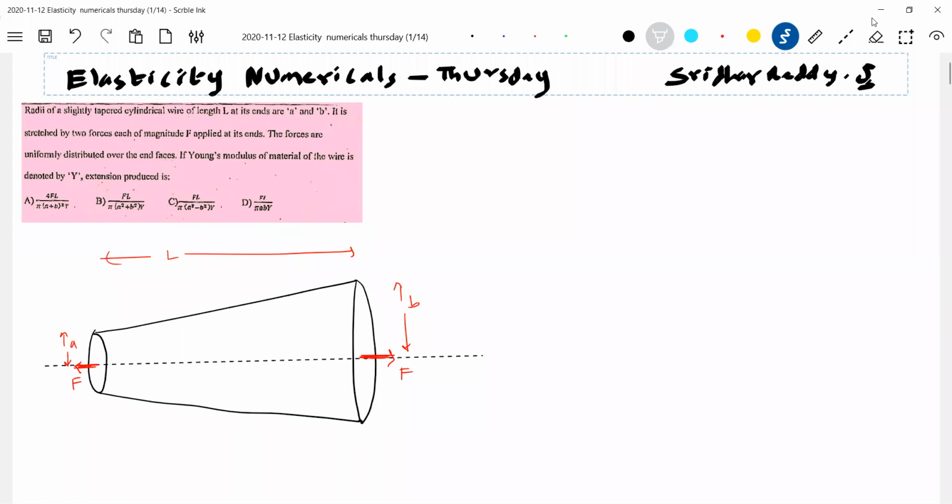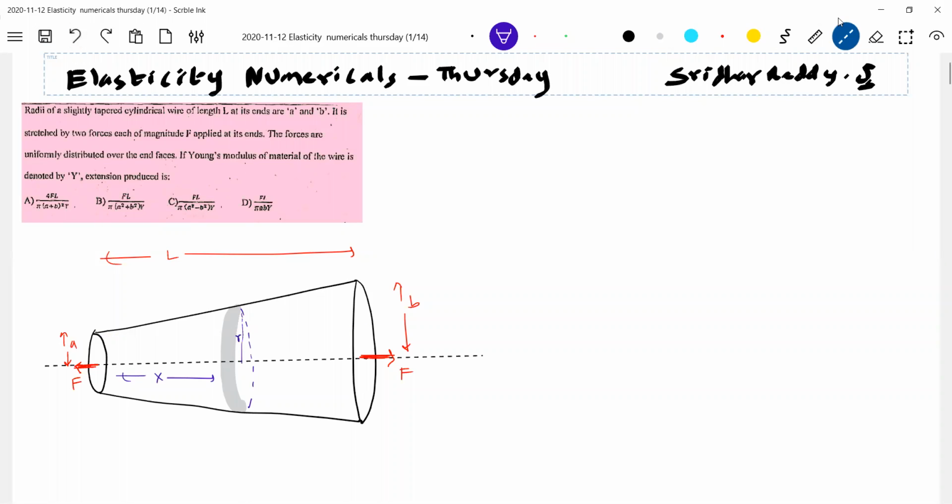So I'll begin like this. Let there be a strip. Radius of this strip will be R. Are you noticing any sort of pattern?